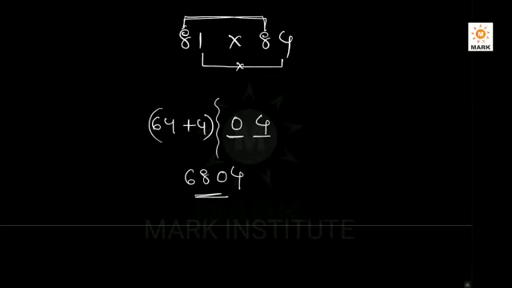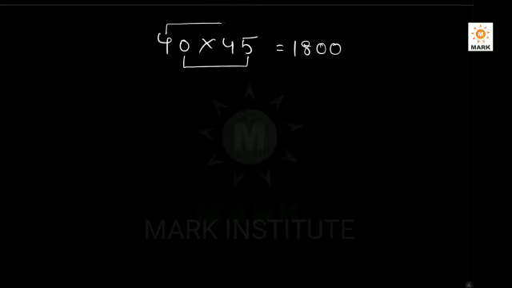Now we will go for another example. Suppose 40 into 45. Friends, 40 into 45 is very easy. Actually, a shortcut is not necessary for these kinds of calculations. Everybody knows the answer will be 1800. But still, let us verify whether our shortcut is working or not. The sum of the units is 5 and the remaining part is the same.